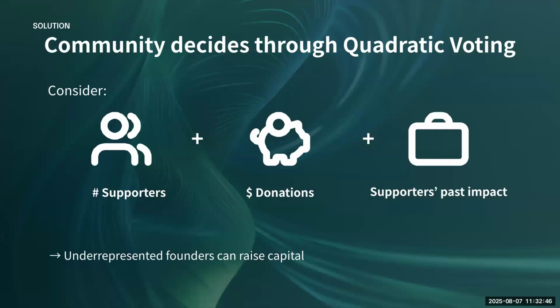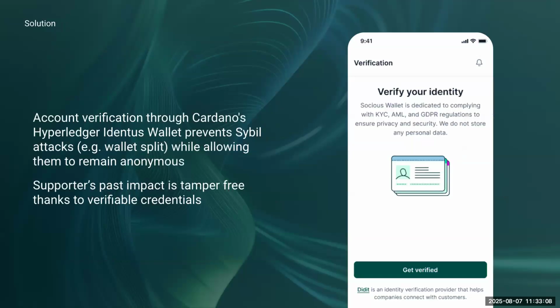So we consider 3 things: the number of supporters, the amount of donations they can collect, and also the supporters' past impact, their reputation score. And for the donation, we're using a quadratic voting system, similar to Gitcoin. But the difference is that we are using Hyperledger Identus to protect the system from cyber attacks.